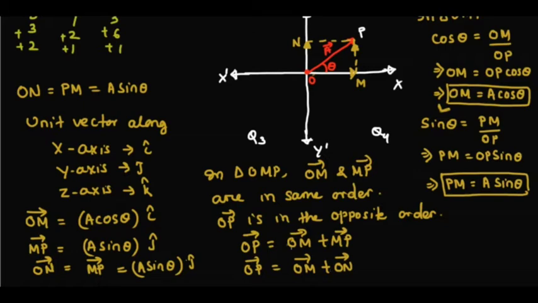Okay. So students, you can see that I have split OP vector into two components, or two parts. The first one is OM vector, the second one is MP vector or ON vector. So OM vector has the magnitude a cos theta and its direction is along i cap, and MP vector or ON vector has magnitude a sin theta and it is directed along the positive y axis, or along j cap.